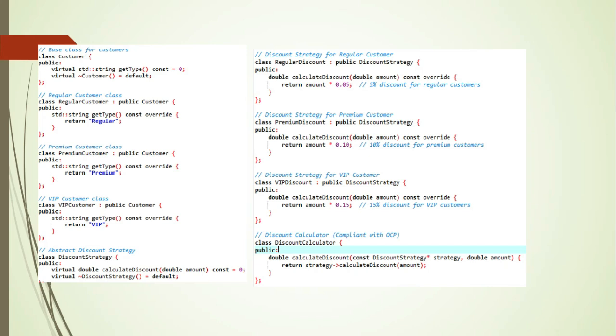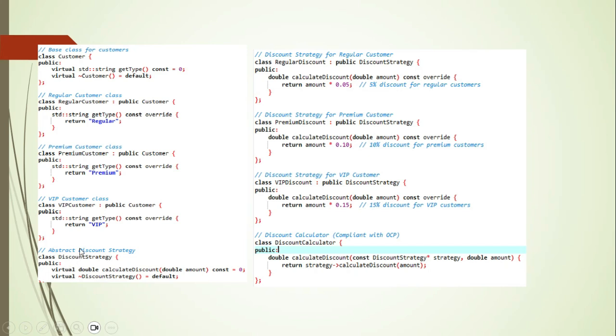The override keyword ensures that the method is overriding a base class method. If there is any mistake, the compiler will generate an error. So all of these classes are derived from this abstract class, but the difference is that they are for regular customer, premium customer and VIP customer.